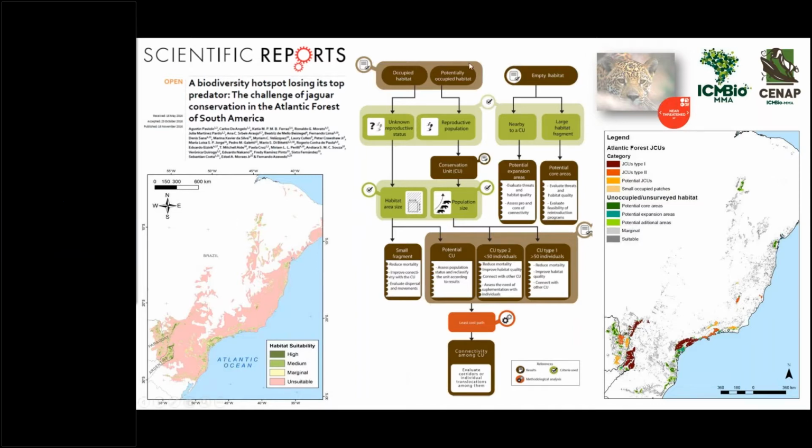We developed a framework and associated some data that came from the field, such as reproductive information and population size, with the model results and the biological information from the species, to identify priority areas for species management and conservation. We also identified them by different levels, related to different management recommendations. And all of this is inserted as part of the National Action Plan for Jaguar in Brazil.